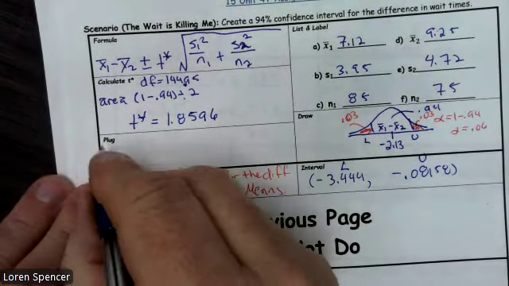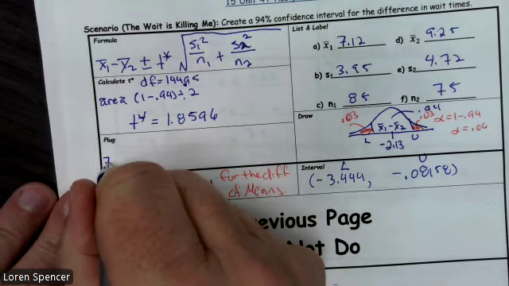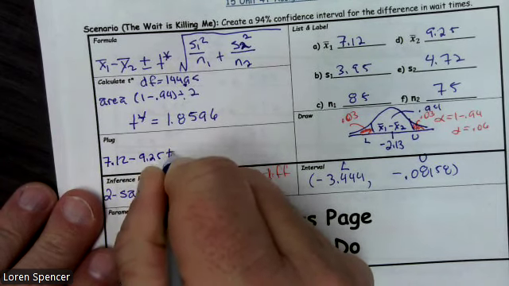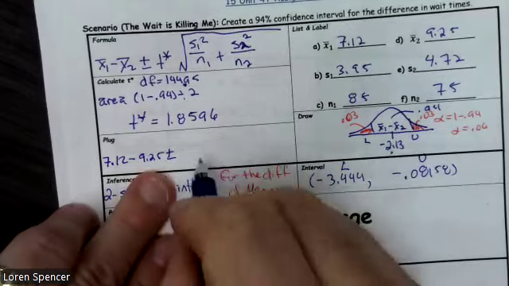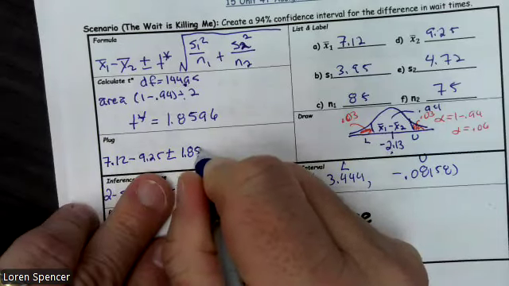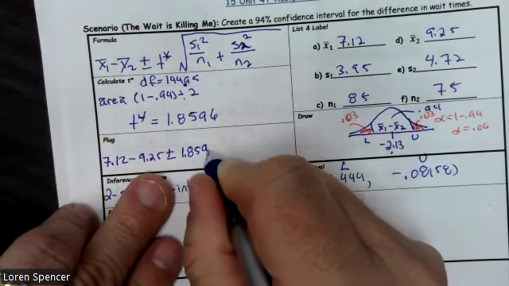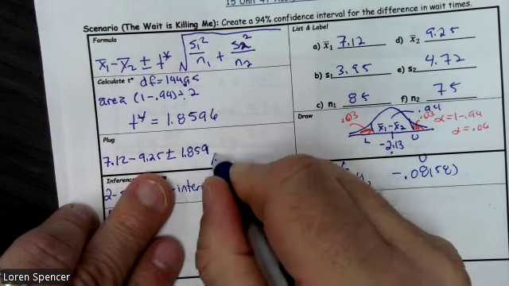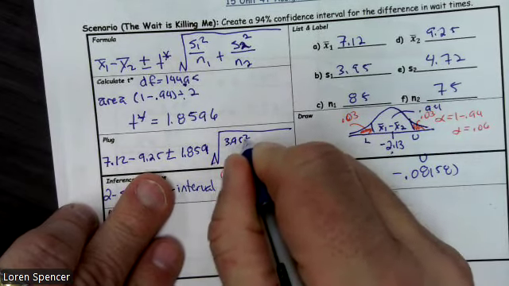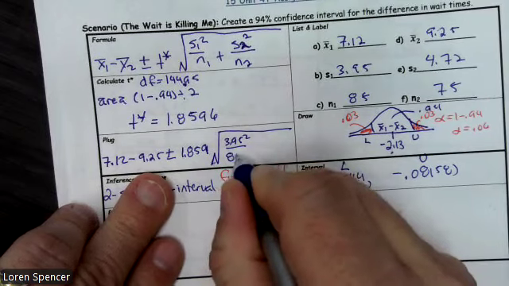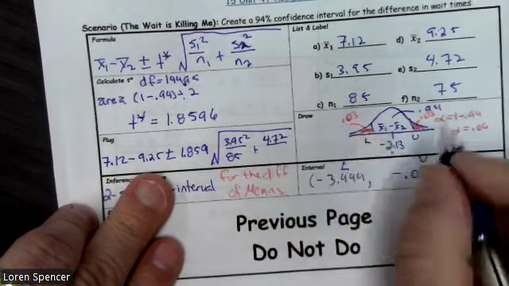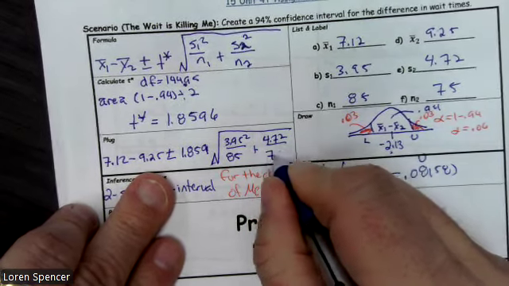So we have 7.12 minus 9.25, plus or minus. That's what gave us this. Now we have our t star, and I'm just going to go to two decimal places, 1.86, times the square root of 3.95 squared over 85 plus 4.72 squared over 75.